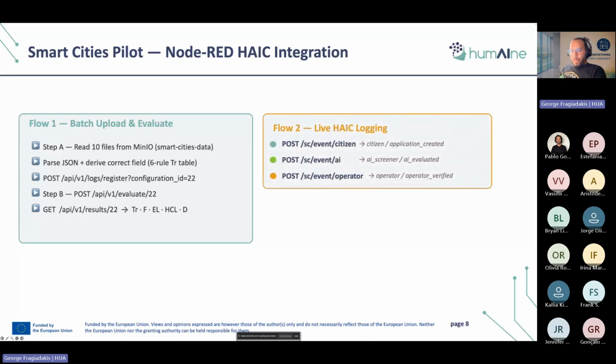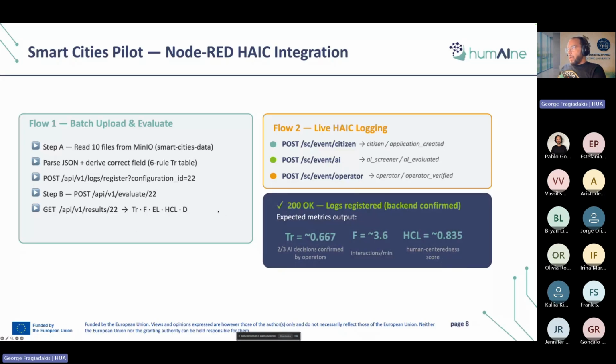And the second flow is the live path, where 3 HTTP endpoints, one per actor, can be used. The first is for when a citizen application is created, the second is for when the AI screener evaluates it, and the third is for when the operator verifies, rejects, or fixes what the AI proposed.